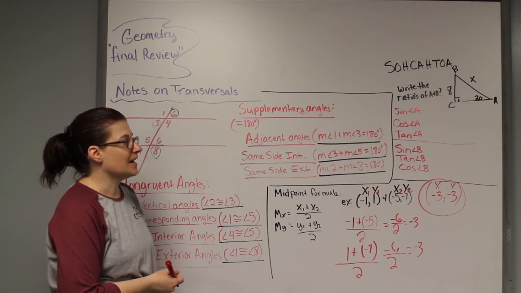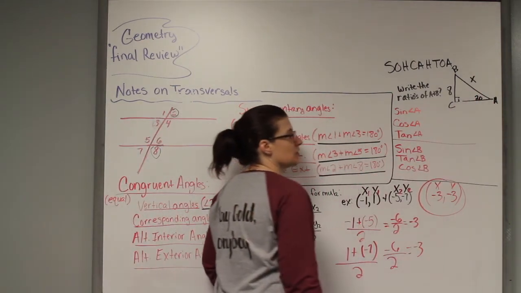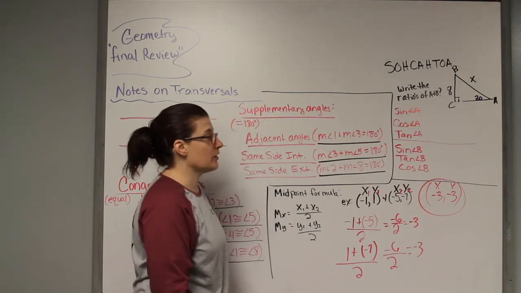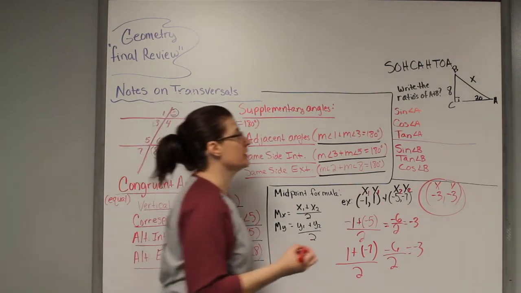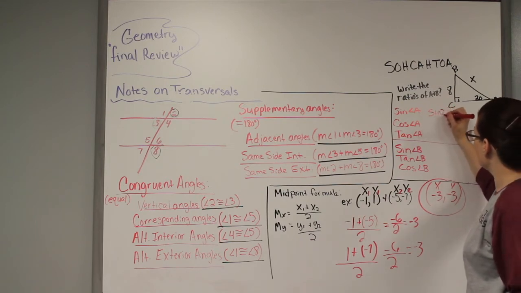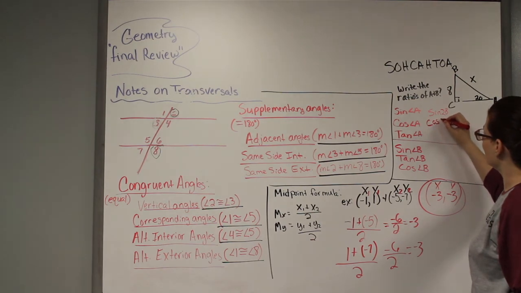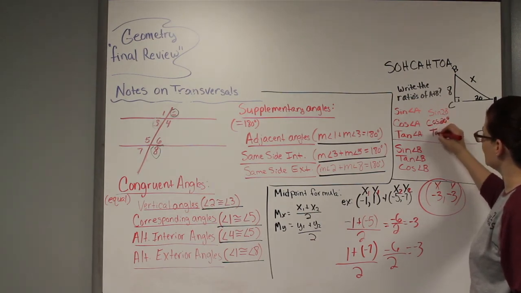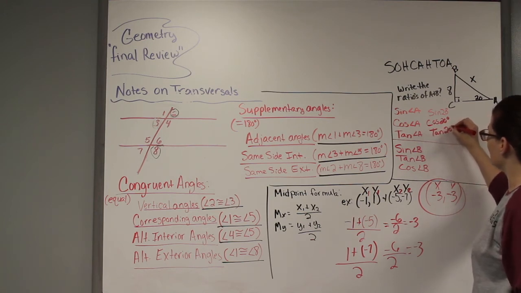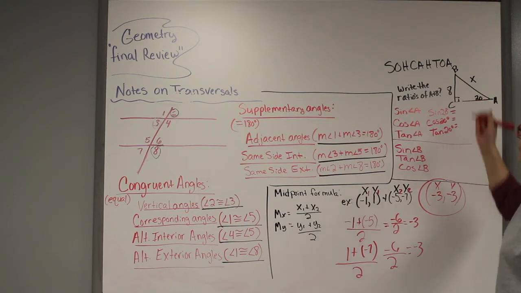So sine of angle A, well, first of all, I know that angle A is 20 degrees. So all of those should say 20 degrees on them. So this should be sine of 20 degrees, cosine of 20 degrees, and tangent of 20 degrees equals, and then we're going to put the ratio.